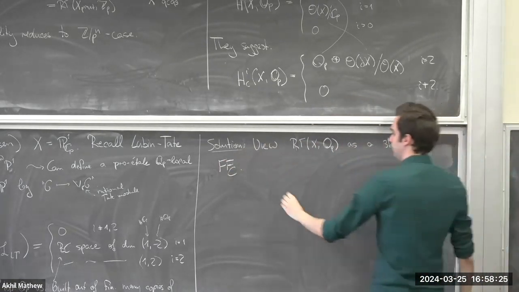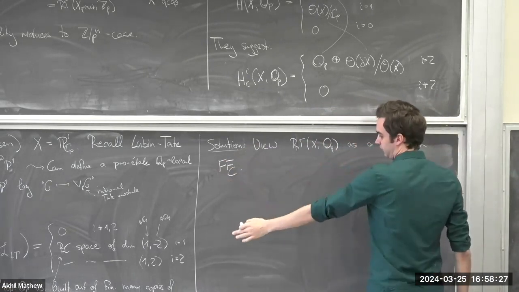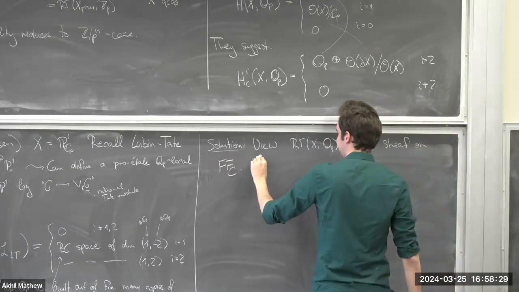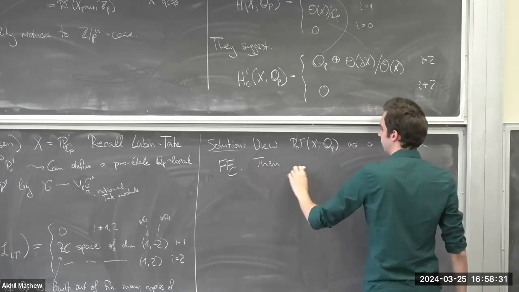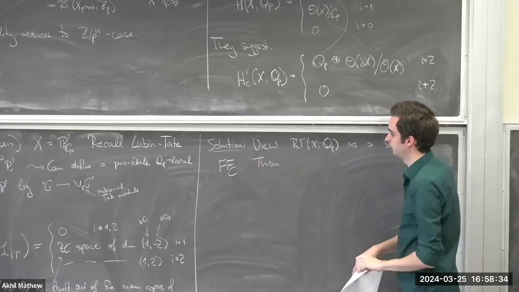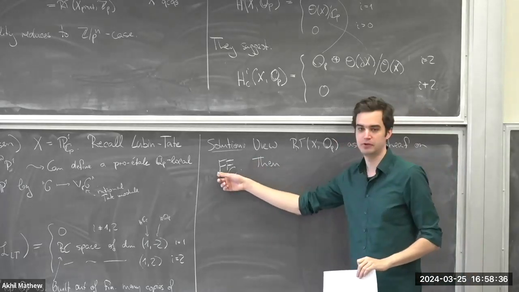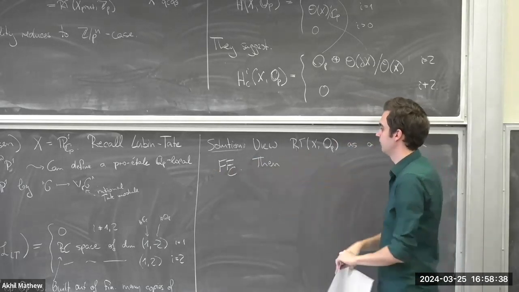Then I'll say something about what this looks like in this case in a second. Basically what I'm telling you is that I attach to X a Clausen-Scholze curve, and I view the cohomology as an object on the curve.